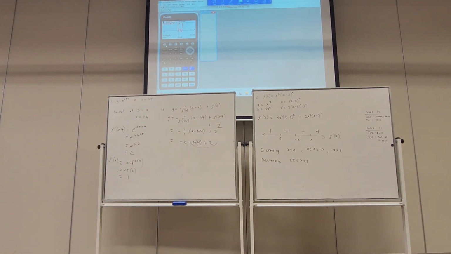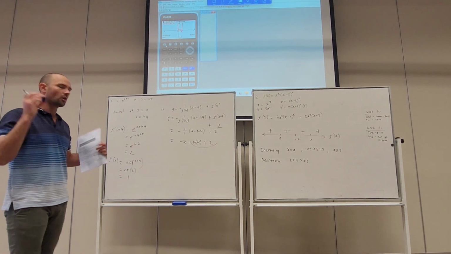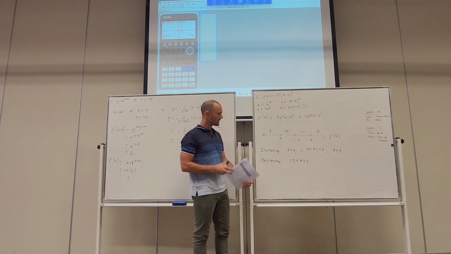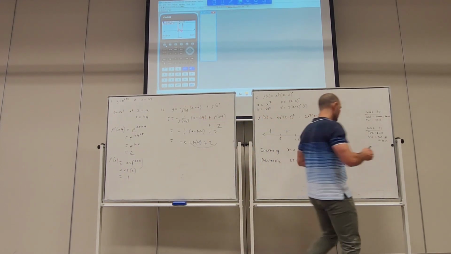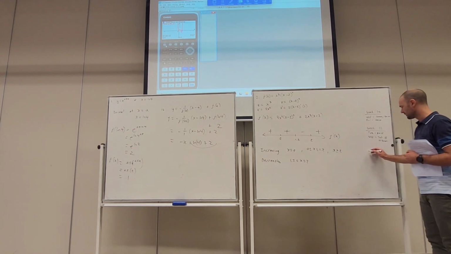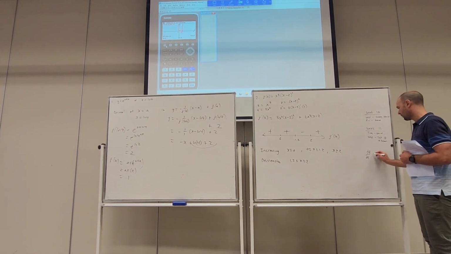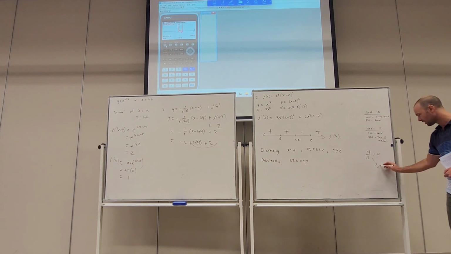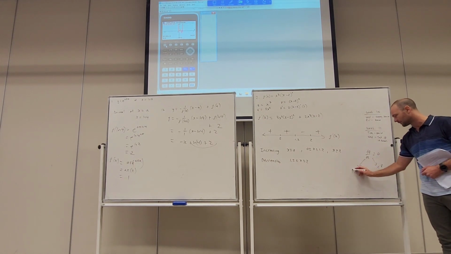Good. Okay. Hence, state the nature and coordinates of stationary points. So, let's stress quickly, stationary points occur when the slope is 0. Okay, that's a stationary point. And we have 2 types of stationary points. We have what's called a turning point, and we have a point of inflection.